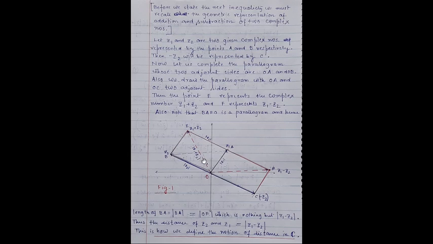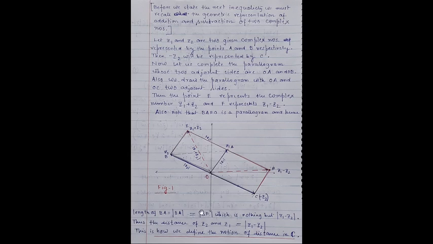Why am I considering it? Because one of the sides, BA or AB, whatever you say, is the distance between two given complex numbers Z1 and Z2. That's the difference between two complex numbers on the plane. And as this is a parallelogram, that must be the same as OF.